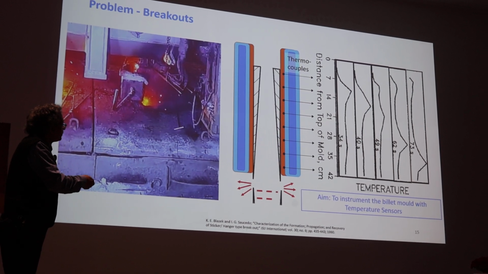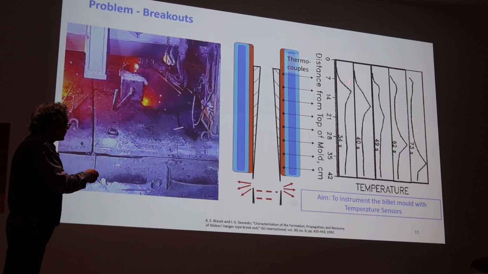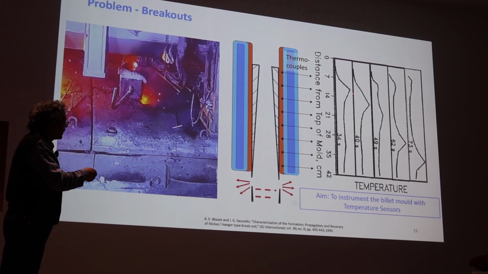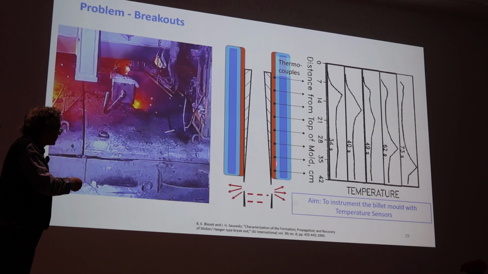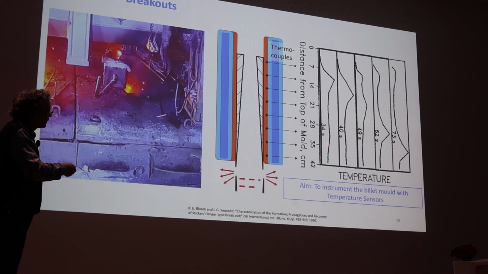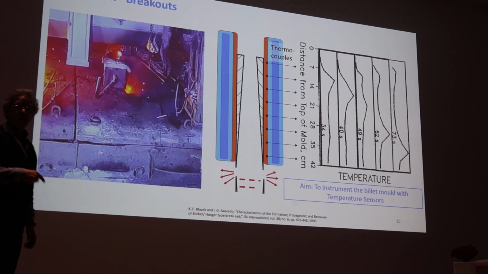So it is a very simple problem to the designer and the casting people: if we are able, by any means, to monitor the temperature gradient in real time, because ideally it looks like this along the mold during the casting process, this problem could be solved.